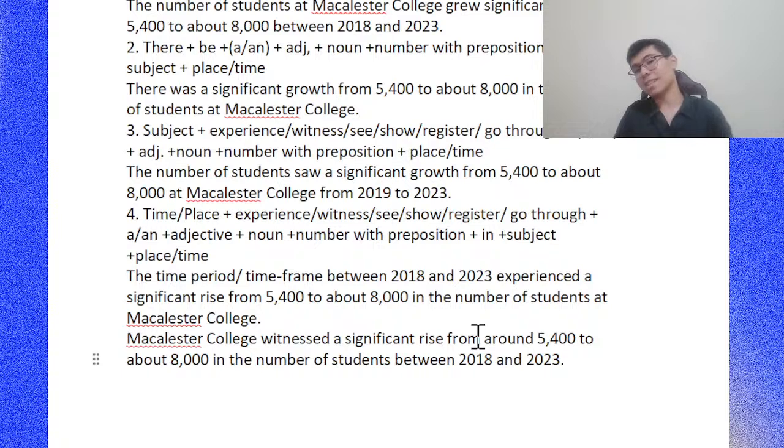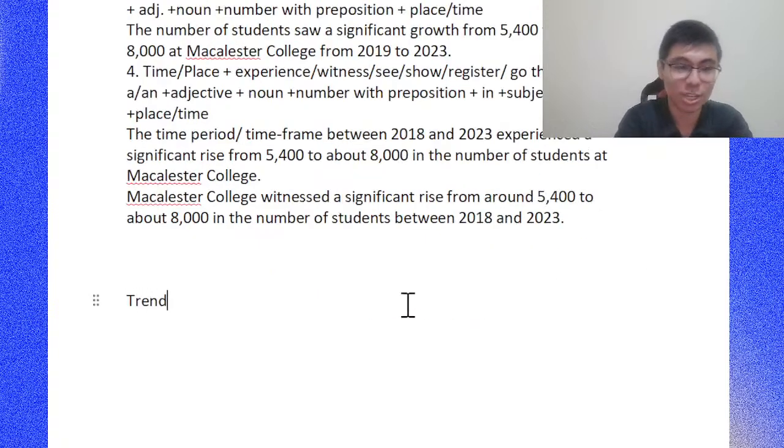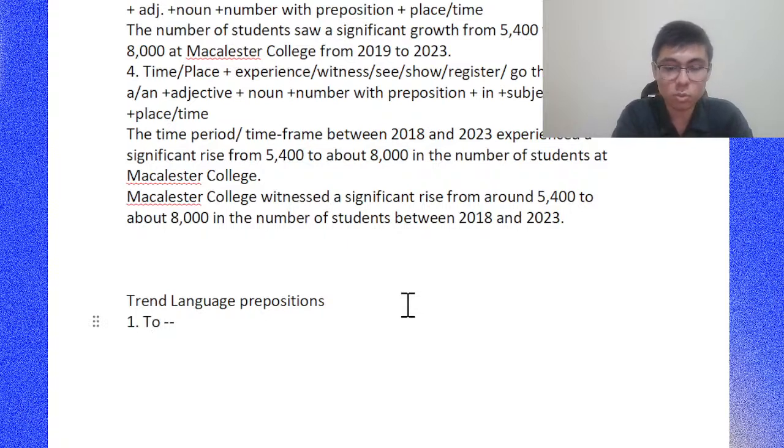And then the last thing is trend language prepositions. So let me teach you that as well. Trend language prepositions. So the first one is to. To is used for stating a new number in IELTS Writing Task 1 Academic.